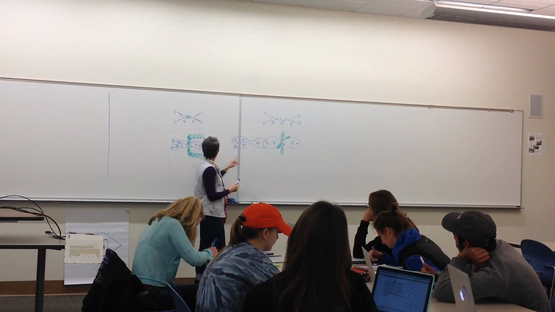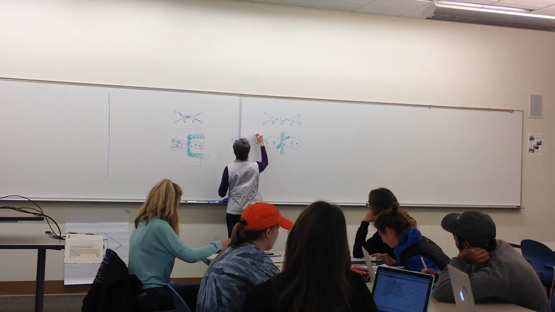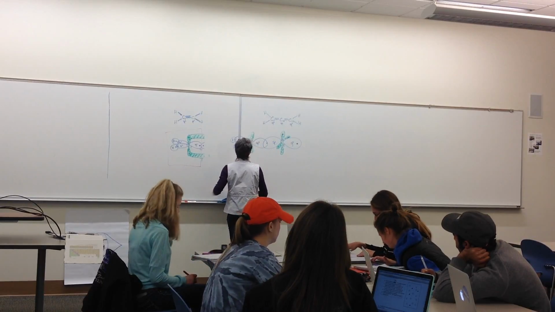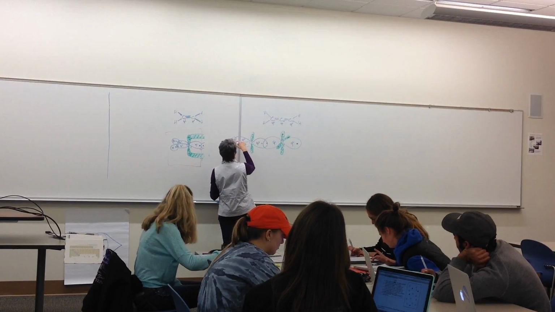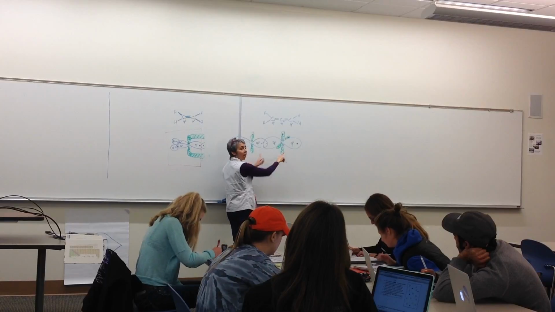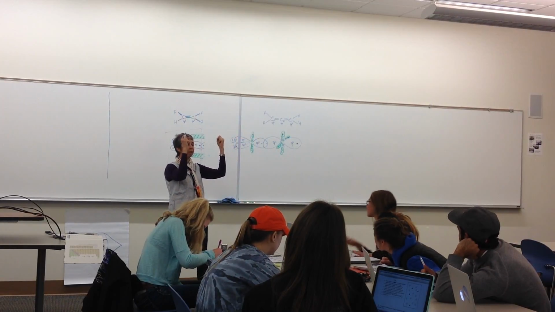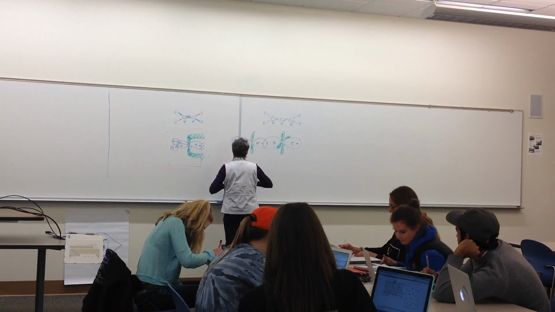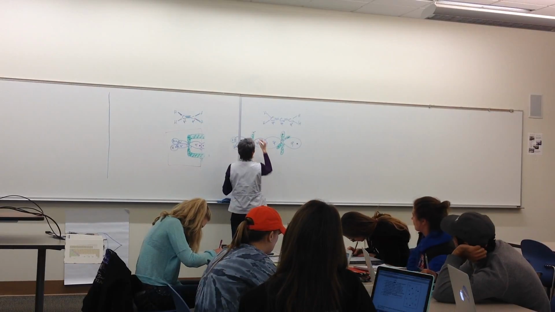A p, right? So I need to draw its extra p. It's going to have an electron in that p and an electron in this hybrid, and then one in each of those. What can these 2 p orbitals that are now lined up parallel to one another do? They can pi bond. And remember that they're going to have 2 regions, so it's going to look like there's 2 bonds, but there's only one.